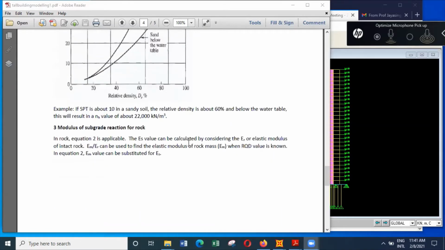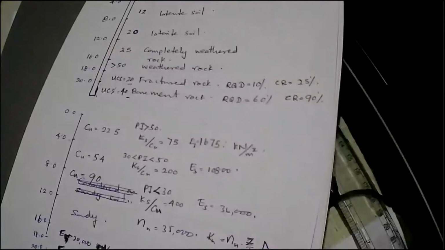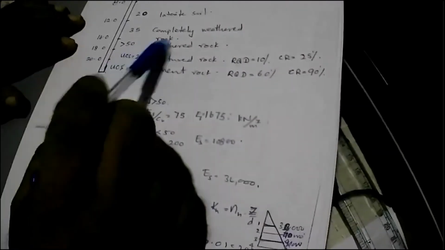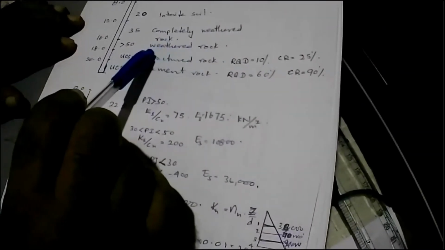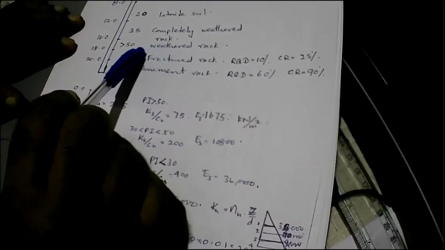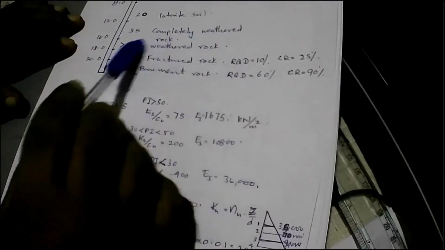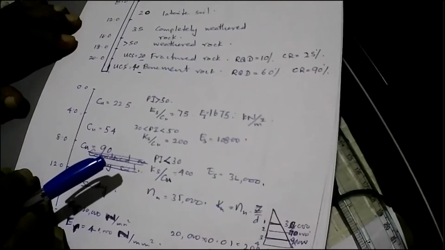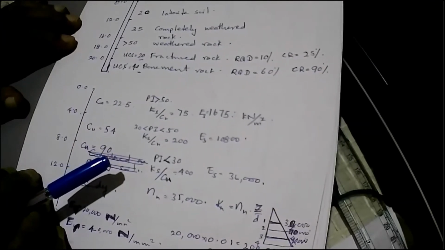Then the other type of material that we encounter is not real soil, it is rock. When you have a borelog, below the completely weathered rock, sometimes you can get weathered rock. Weathered rock may have slightly larger particles.